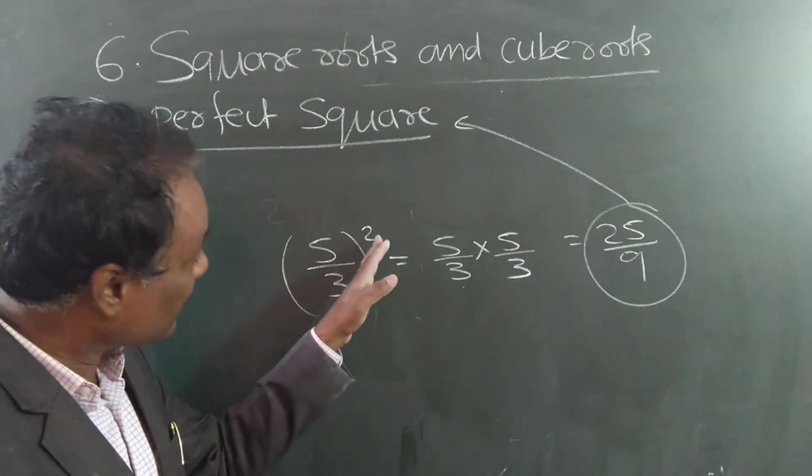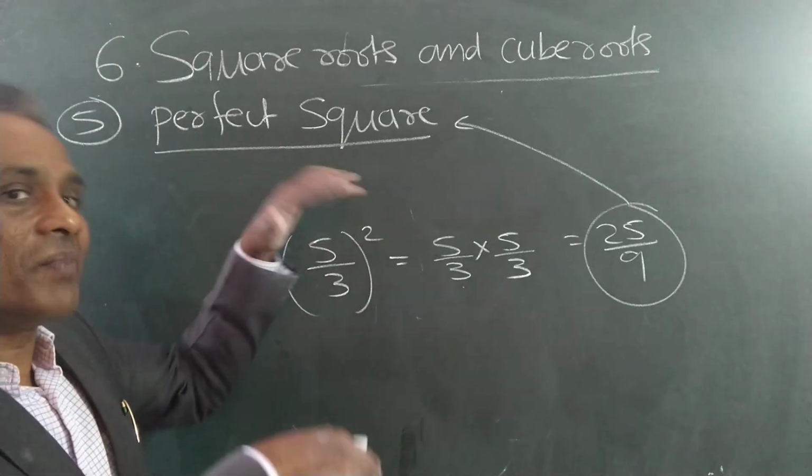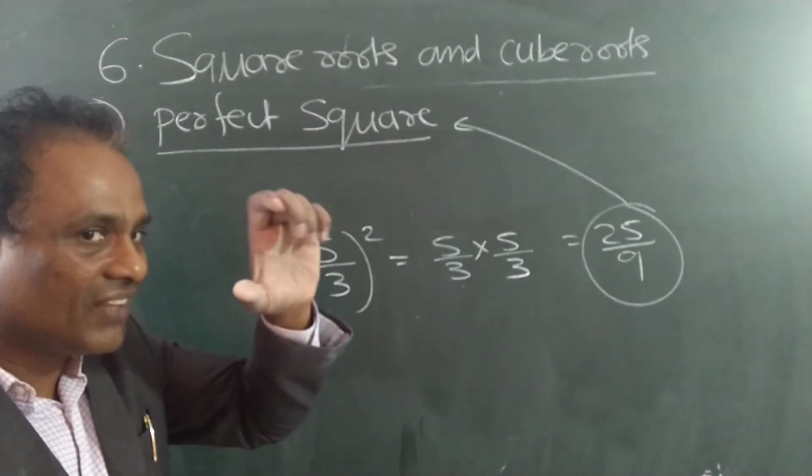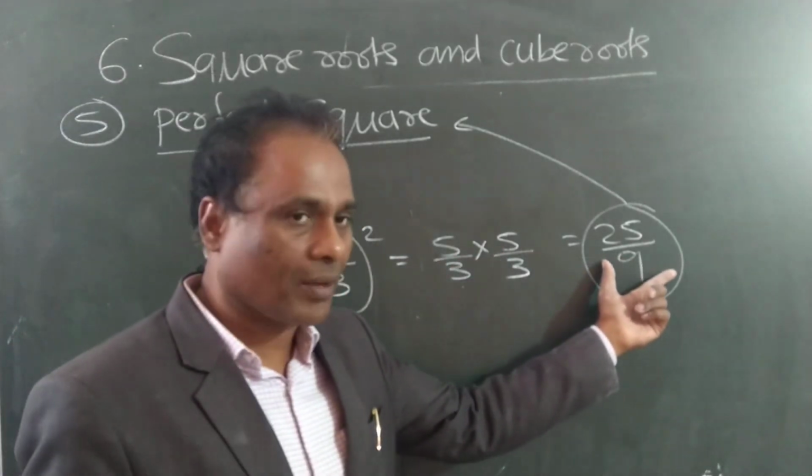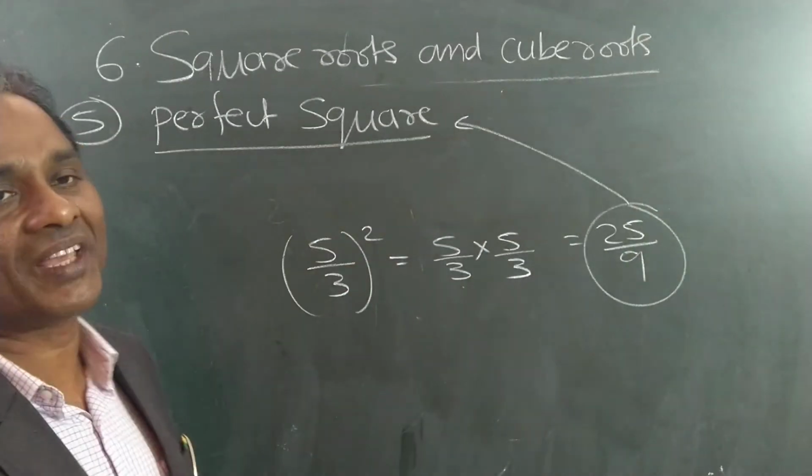If we square an integer, it is called a square number, the previous definition. If it is not an integer, if it is a rational number, and we square a rational number and get some number, then that is called a perfect square.